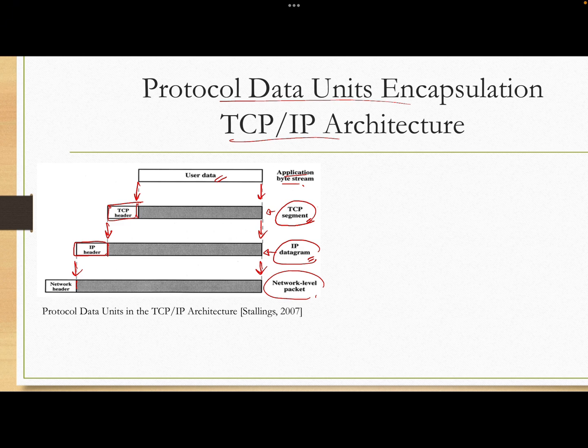If it's a LAN, we call it a frame. If it's a wired network, we call it a packet, something like that. And there's also a general name, protocol data unit, or PDU.